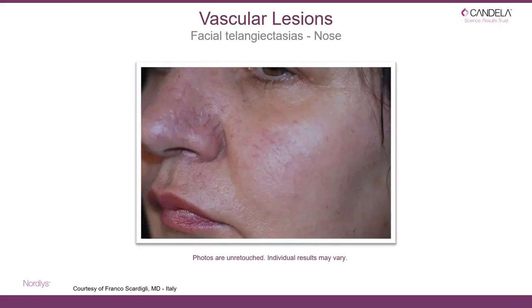Here we have telangiectasia on the nose. These vessels can again vary greatly in size. Very often you will have a mixture of very small vessels around the nostrils, but on the bridge of the nose you will often see much larger vessels.